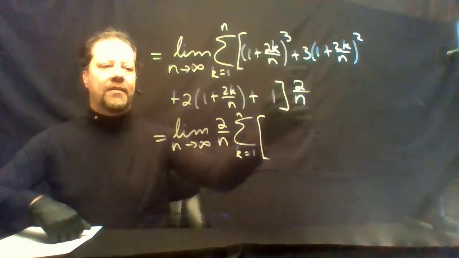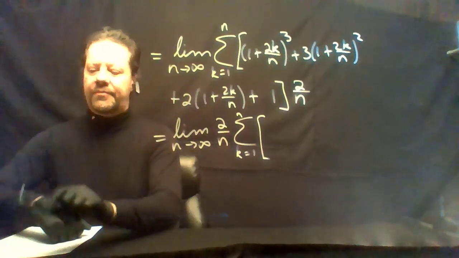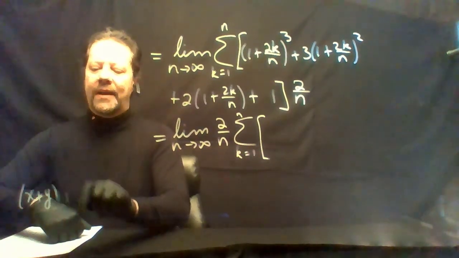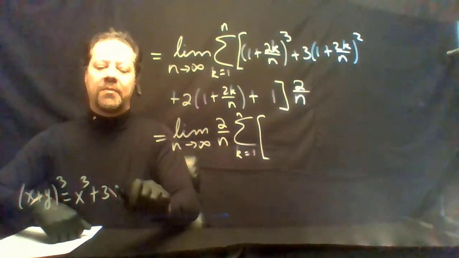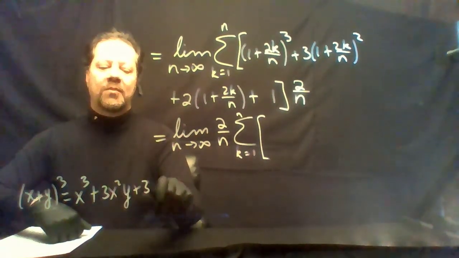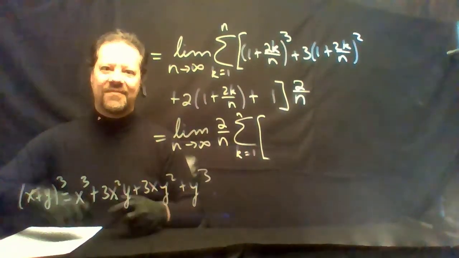Now we need to FOIL out everything within the braces. A cube, (x + y)^3, according to Pascal's triangle, is x^3 + 3x^2 y + 3xy^2 + y^3.